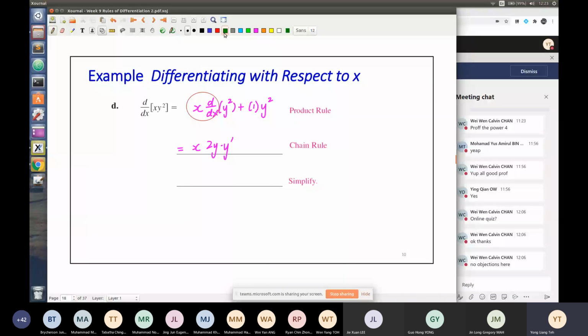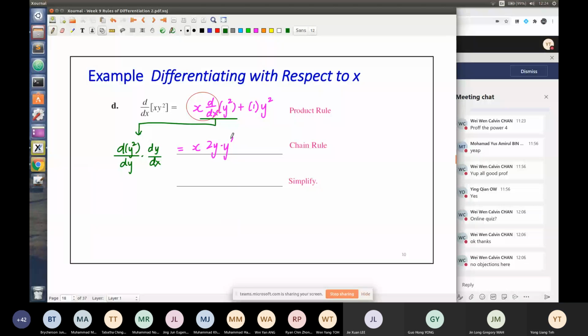Okay, so let me just expand this guy. So this guy is really dy squared over dy times dy dx. Oh, sorry, this should be y, times dy dx. So differentiate y squared with respect to y, 2y. Then dy dx, y prime.